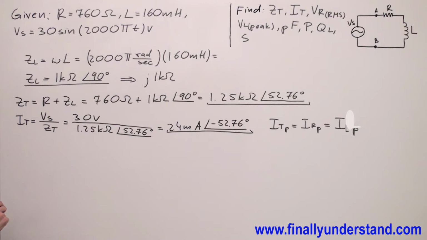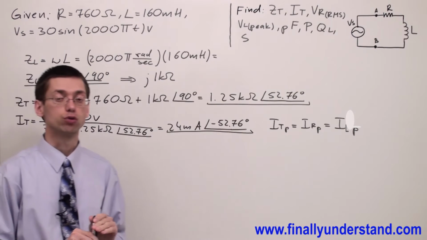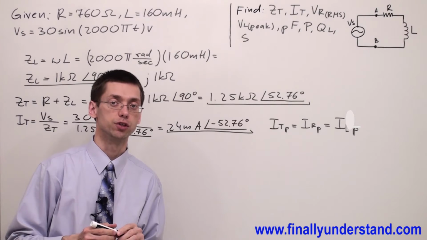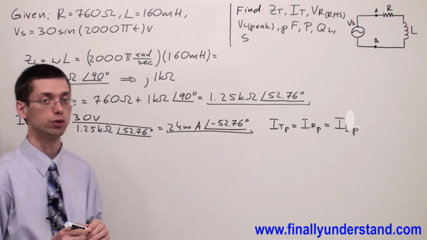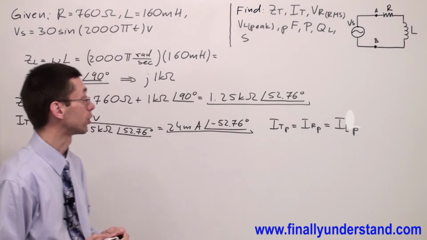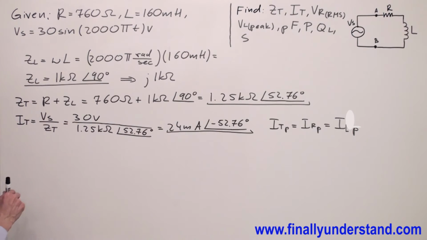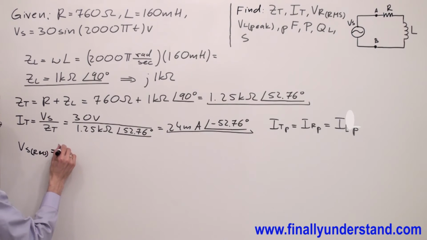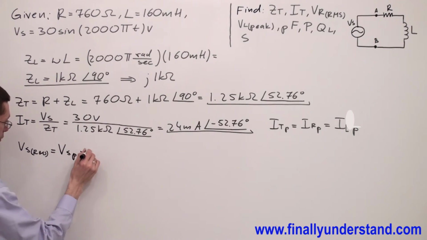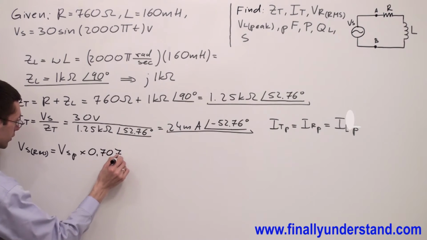Next, we're supposed to find VR RMS. This time I want you to practice the voltage division law, because most of the time we use Ohm's law. This time we are going to practice a little bit of voltage division law, because we need to review this one more time. So we have voltage source RMS is equal to voltage source peak times 0.707.